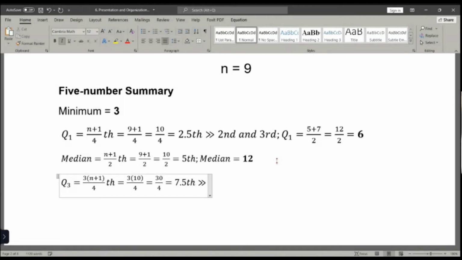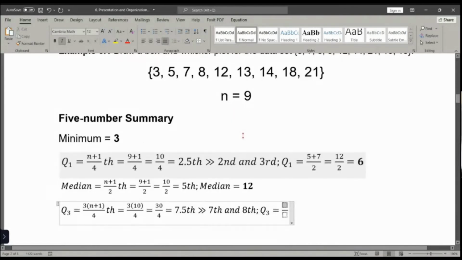So the same as the first quartile, the third quartile is the value between the 7th and the 8th. Therefore, the third quartile is equivalent to, what are the 7th and the 8th values?